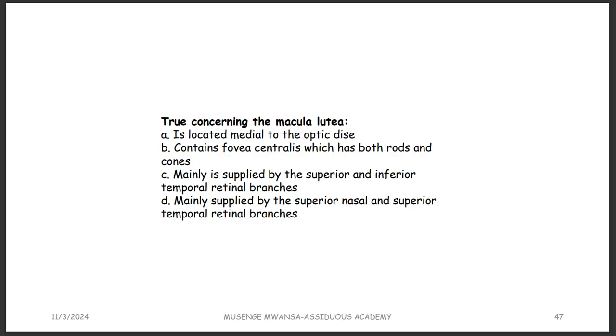In terms of location of the macula lutea in comparison to the optic disc, where is it? It's on the lateral aspect. Yes, so it's on the lateral aspect, and just that I didn't include the diagram for the blood supply.